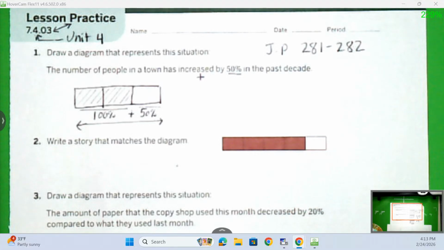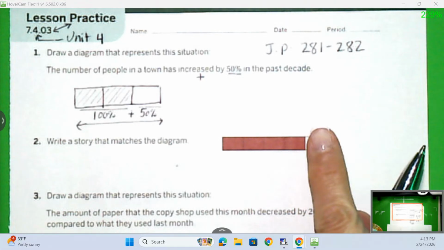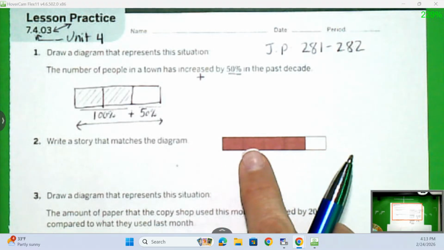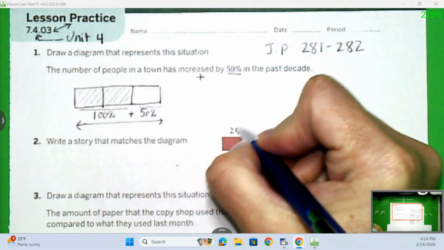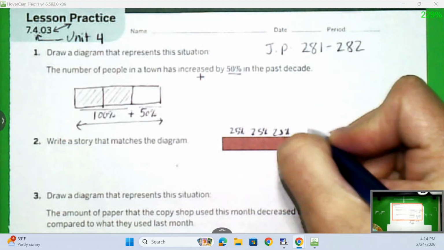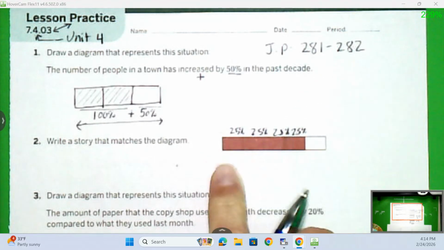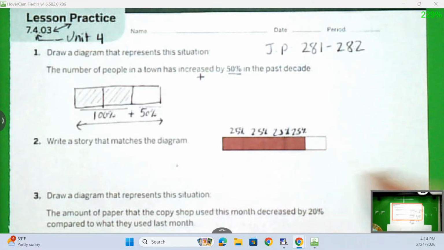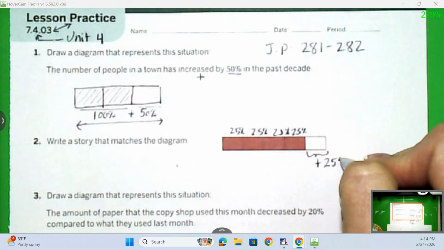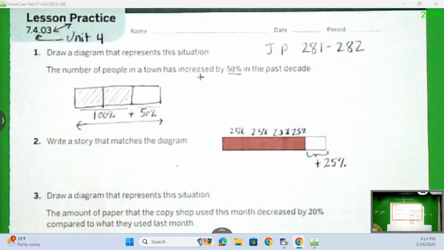Okay, the next one, it says to write a story that matches the diagram. So if I look at the shaded regions, I have 4 of those. That means each section here is my 25%, because 100% split into 4 equal sections is 25%, and it looks like we have an additional 25%. So we're going to have a word problem that would have an increase of 25%.